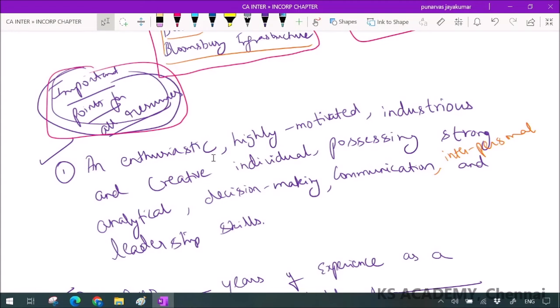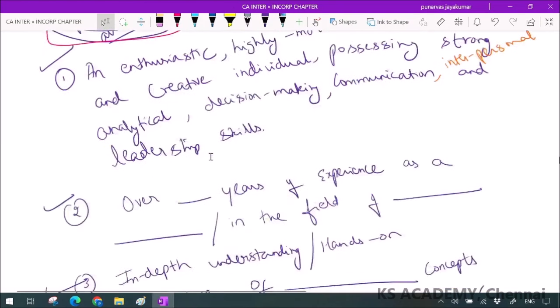And creative individual, possessing strong analytical, decision making, communication, interpersonal and leadership skills. This is point number 1.